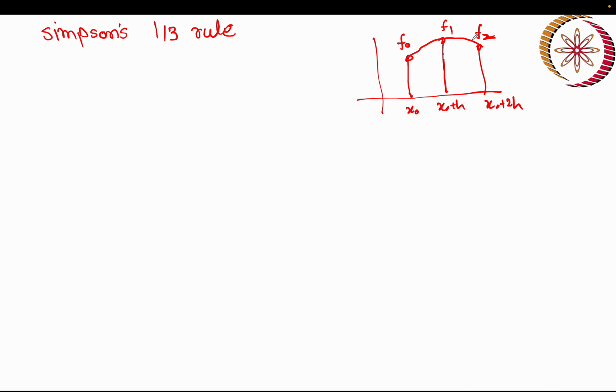So these values are given. Simpson's one-third rule approximates this function y equal to f of x. In this case, there are 3 function values, so we can approximate it with a quadratic polynomial.